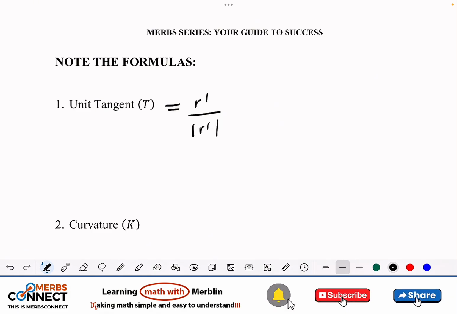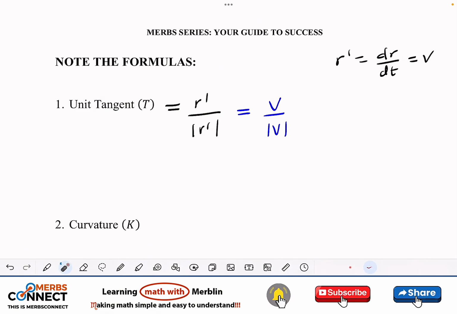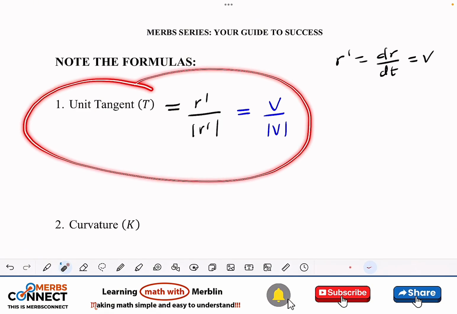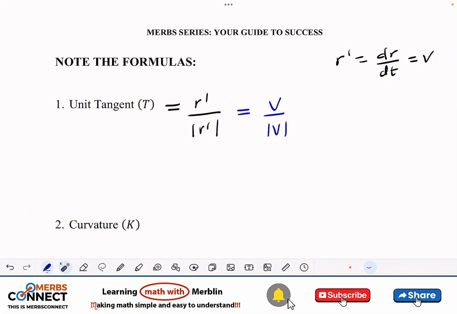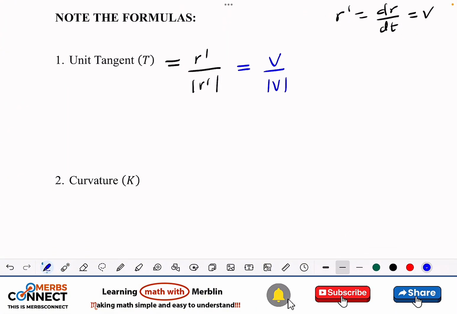And we learned from the previous video that r prime, which is the same as dr over dt, is the velocity. So it can be written as the velocity divided by the magnitude of the velocity. So basically that is the unit tangent. In this video, all we need to know is the formulas, and we can take some examples.